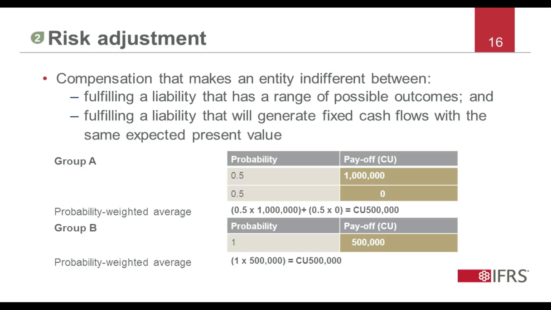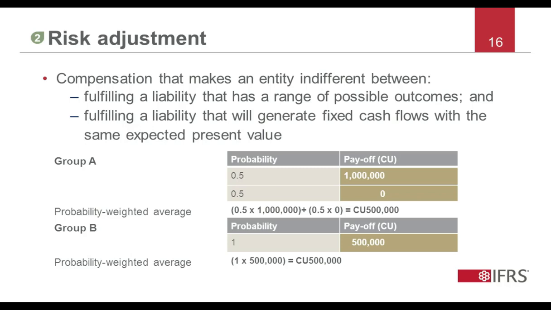For example, Group A is a group of contracts that has a 50% probability of paying a present value of 1 million and 50% of paying nothing in 1 year. Group B is a group of contracts that has 100% probability of paying 500,000.